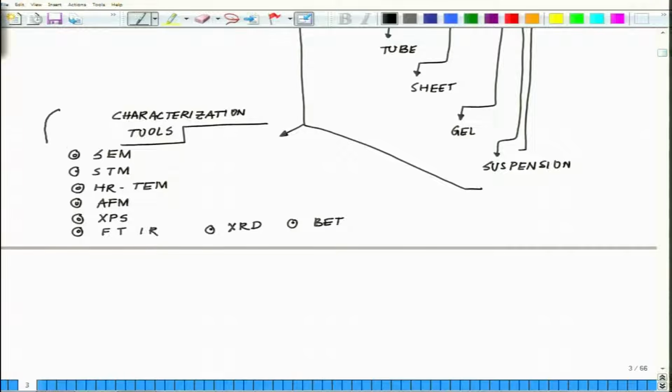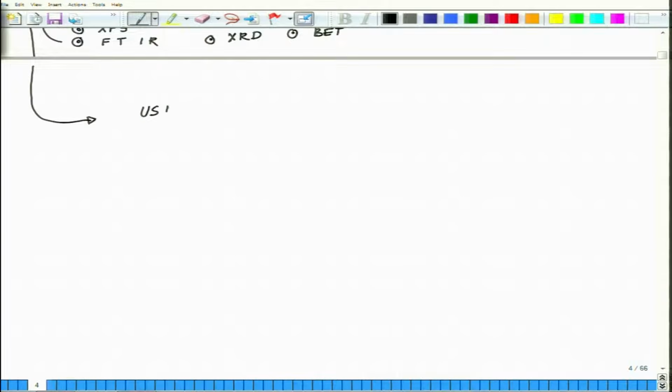So next, when we are applying these particles for some application, then we have to realize at what level we are trying to use them. Say for example, when we talk about using nanomaterial in agriculture, okay.